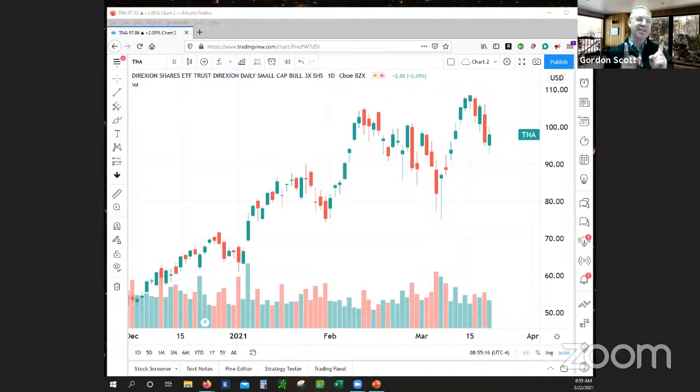They're really nice because they're leveraged ETFs: if the Russell 2000 moves up 1%, then TNA will go up 3%. So it's a triple leveraged ETF. TZA is a triple leveraged inverse ETF, so if the Russell 2000 goes down 1%, TZA goes up 3%.